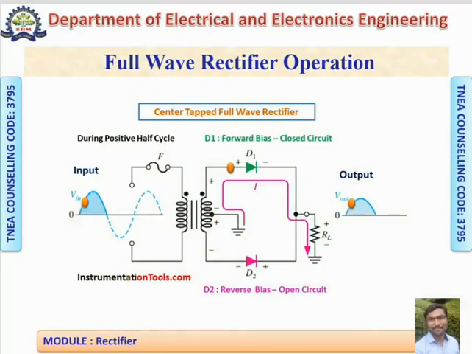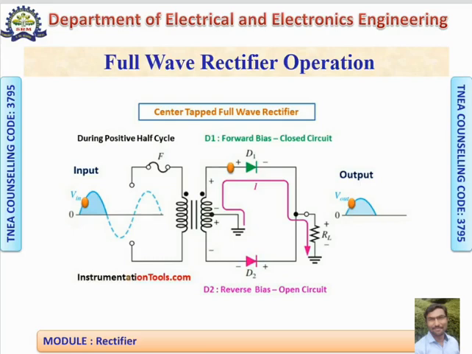Center tapped full wave rectifier: the circuit diagram will have an AC input source connected to the primary winding of a transformer and a DC load connected to the secondary winding of the transformer through two diodes D1 and D2. As the name suggests, the midpoint of the secondary winding will be grounded.